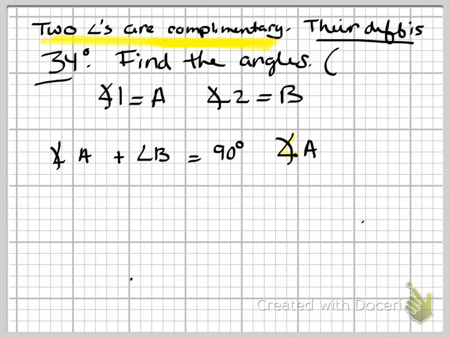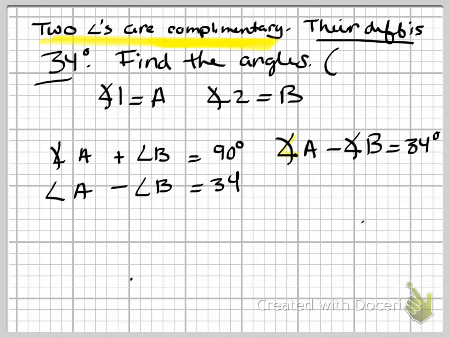Angle A minus angle B equals 34 degrees. And there's our two equations. Now I've got angle A minus angle B is equal to 34.